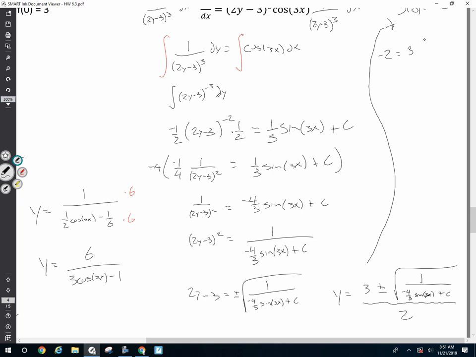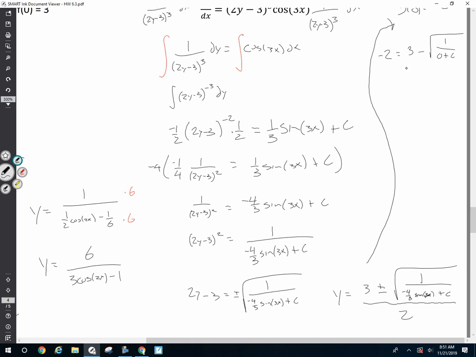Oh man, this is tricky. Could I get 2 solutions here? No. It's going to have to be the negative solution: 3 minus the root of 1 over (0 plus c), divided by 2.